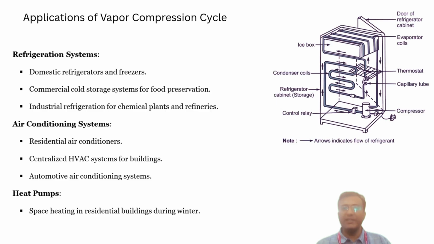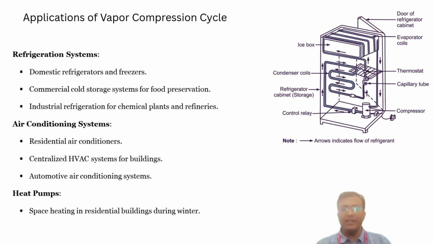Industrial refrigeration, such as in the chemical plants or in the oil refineries, cools the different processes and ensures safety and efficiency. Now take an example of a refinery which uses a vapor compression refrigeration system to condense gases into liquids.